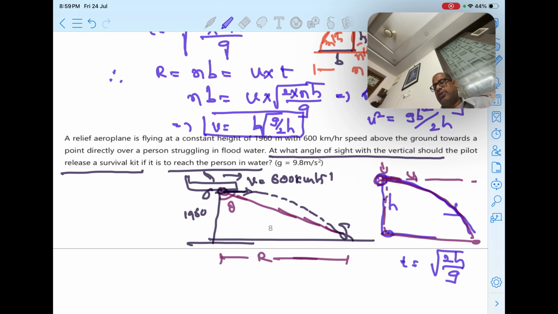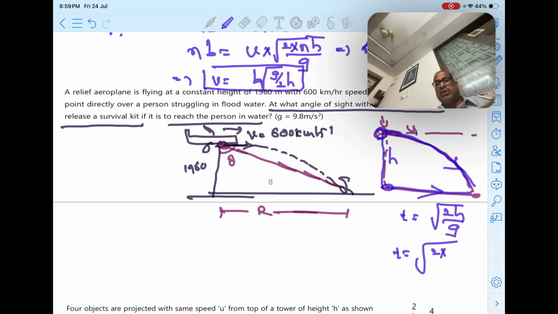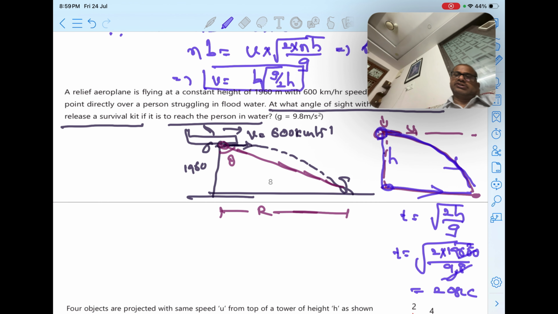In that time t is equal to root 2h by g, the drop kit will hit. So substitute the h value here, that is 1960 divided by g value, how much, beta? 9.8. If you multiply by 10 by 10, the decimal gets cancelled. This is 2 times, so 20 into 2, root 400, that value is equal to 20 seconds.